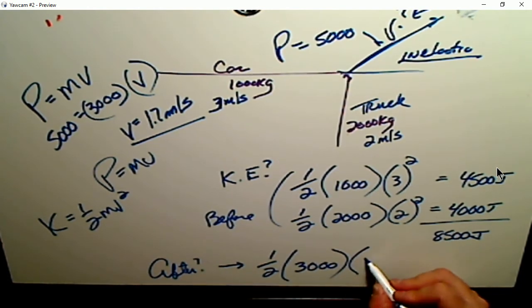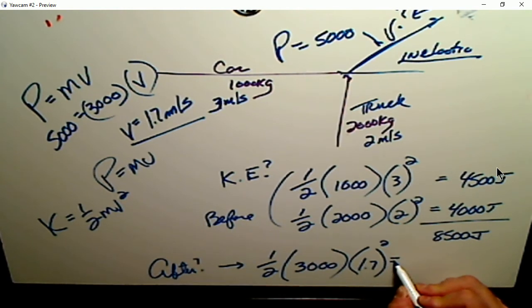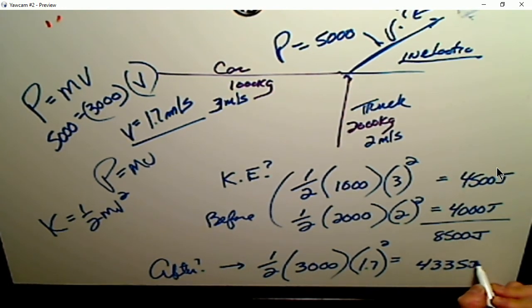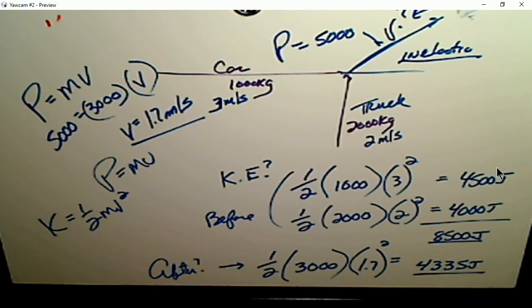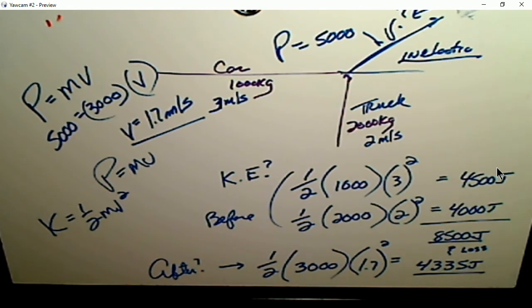Velocity, if you remember, we calculated it out to 1.7. Total is... there is a loss of about 42.65 joules.